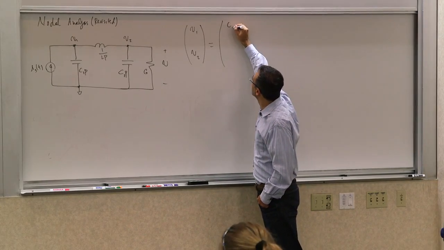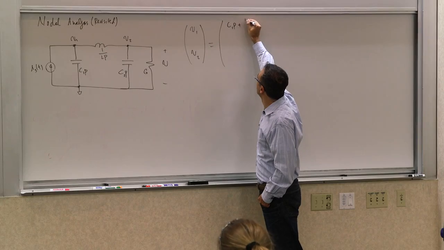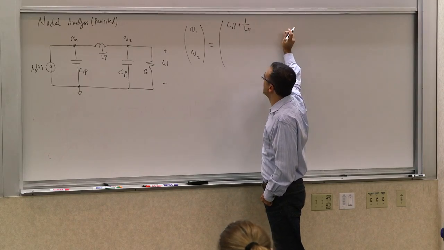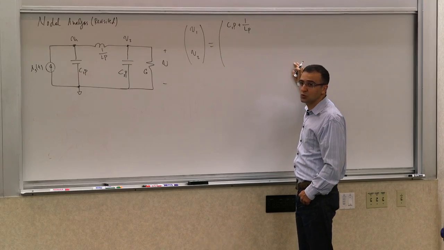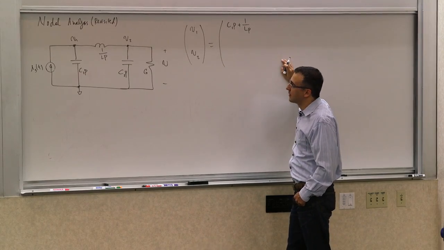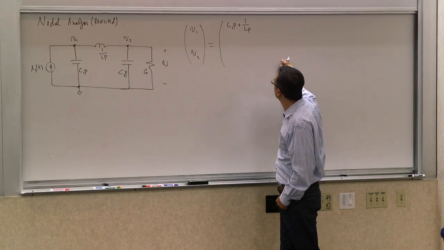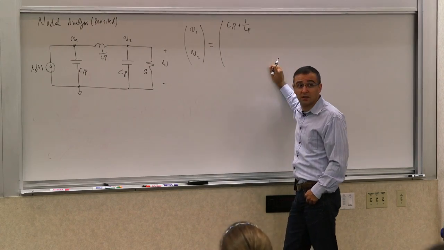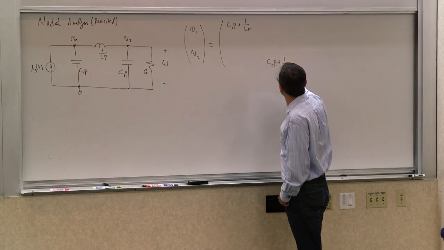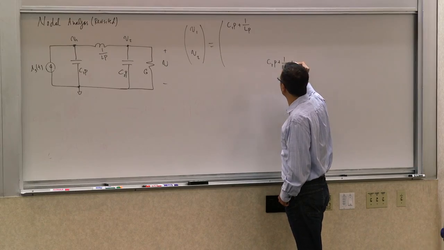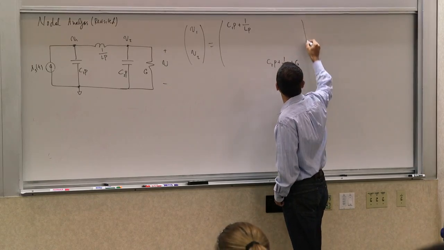C1p, 1 over LP. And what is the other element here? The 2 element? C2p, 1 over LP, plus G. There's no 2G.